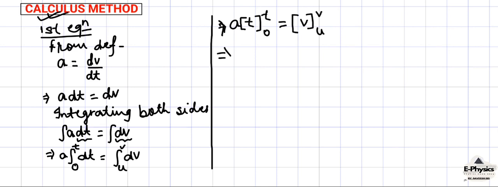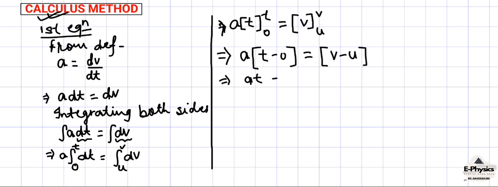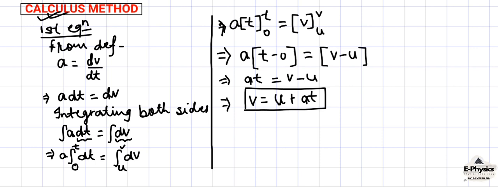Okay, this can further be written as upper limit minus lower limit, that is t minus 0, is equal to again upper limit minus lower limit, that is v minus u, which can further be written as a t is equal to v minus u. Therefore finally we get the equation v is equal to u plus a t. So this is the first equation of motion which is derived by the calculus method.